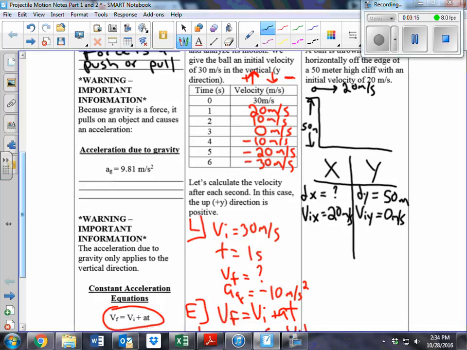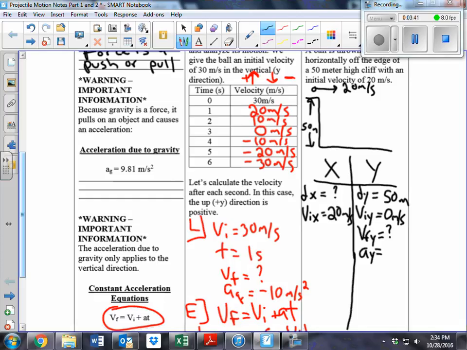So now we have to figure out other things that we know or don't know. So one thing we can eventually figure out is VFY. That's a question mark. We don't know that. We also know one more piece of information. And the piece of information that we know is the acceleration in the y direction. Actually, excuse me, there's two more pieces that we know.